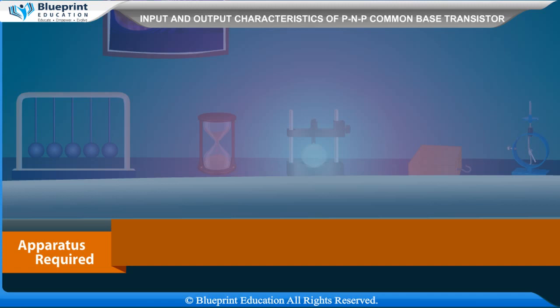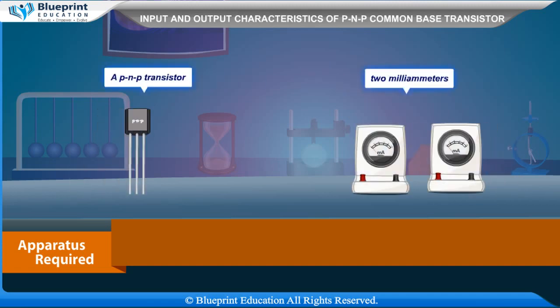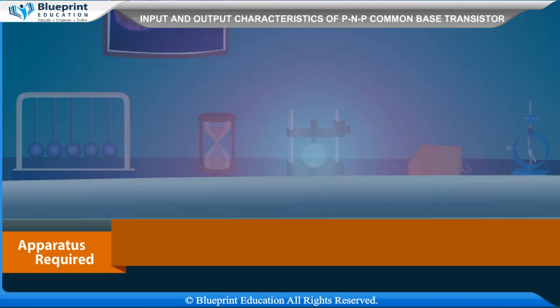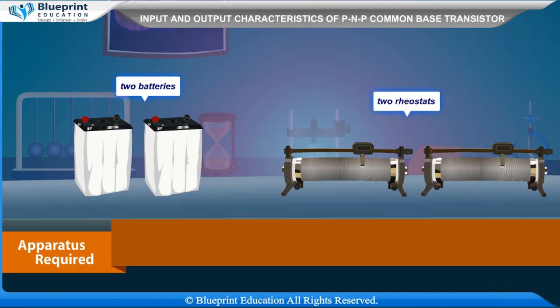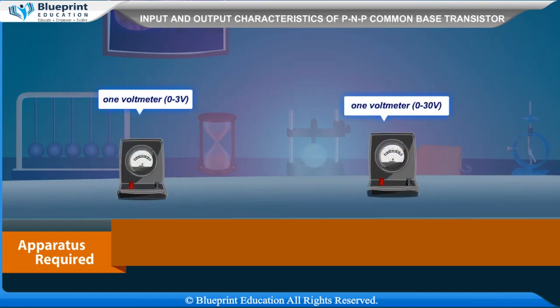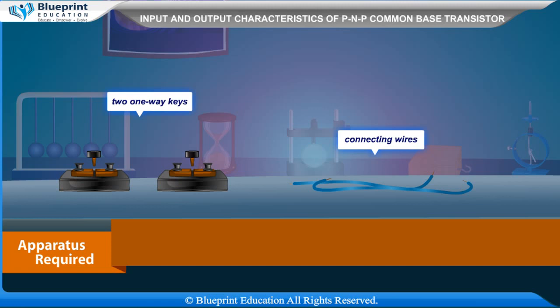Apparatus required are a PNP transistor, 2 milliammeters, 2 batteries, 2 rheostats, 1 voltmeter 0 to 3 volt, 1 voltmeter 0 to 30 volt, 2 one-way keys, connecting wires.